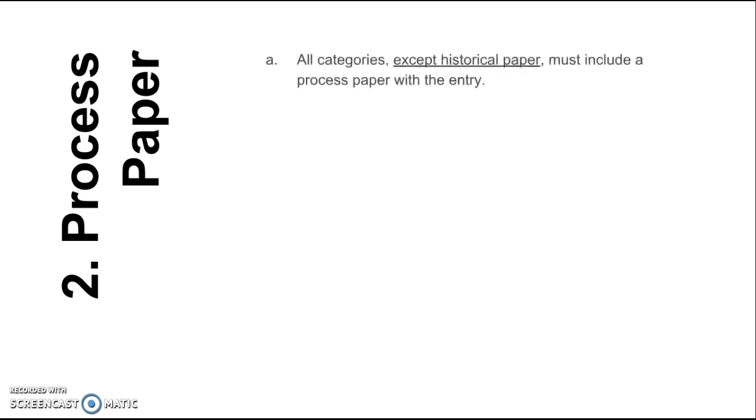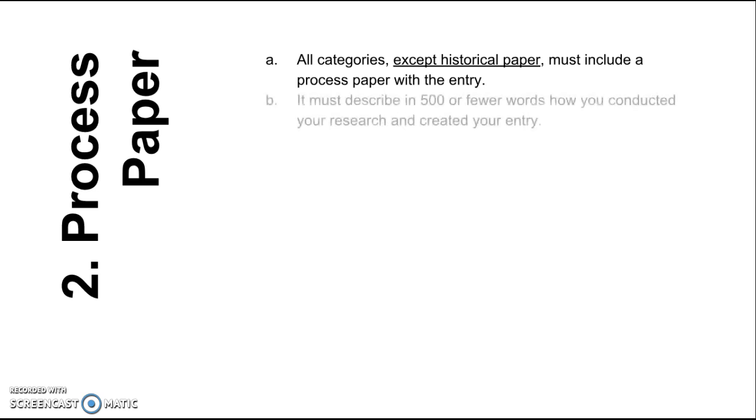All right, the second thing you'll turn in, now we talked about this when we spoke on the project tutorial, but it's the process paper. So I'm going to go through it a little bit quicker. All categories except the historical paper must include a process paper with the entry. It must describe in 500 or fewer words how you conducted your research and created your entry.